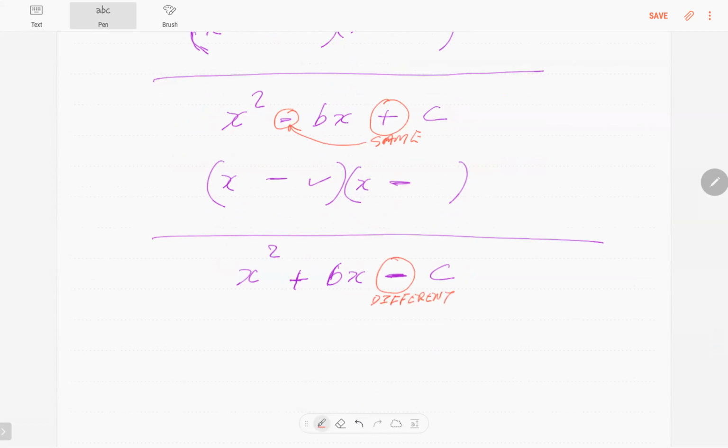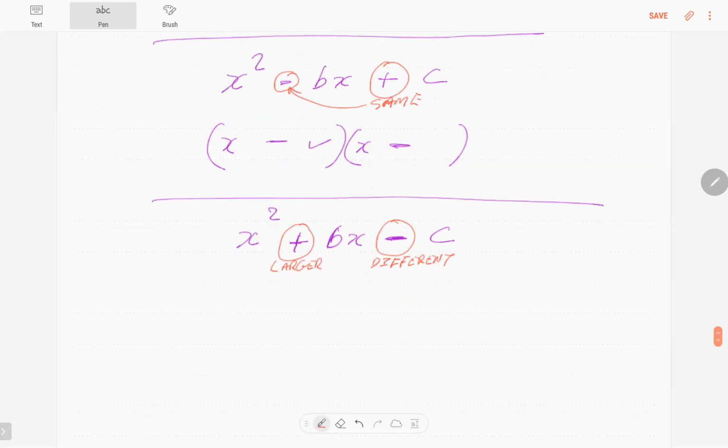Signs in the bracket are different. And this tells me that the larger value in the bracket would have that sign. So in that case, my bracket would look something like this: bracket, bracket. And my larger factor of c would have this sign.